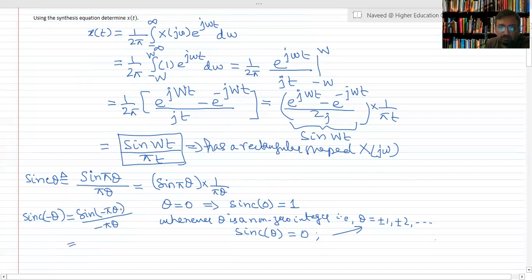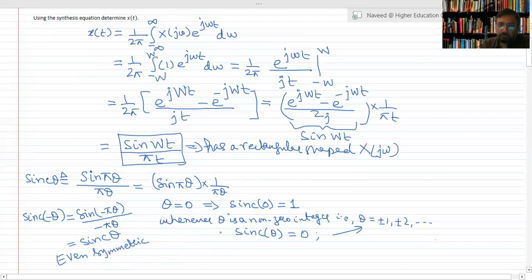Now in the numerator, sine is an odd function, so we can pull this negative sign out, and we will be left with sinc theta here. So sinc theta has even symmetry. It is an even symmetric function.